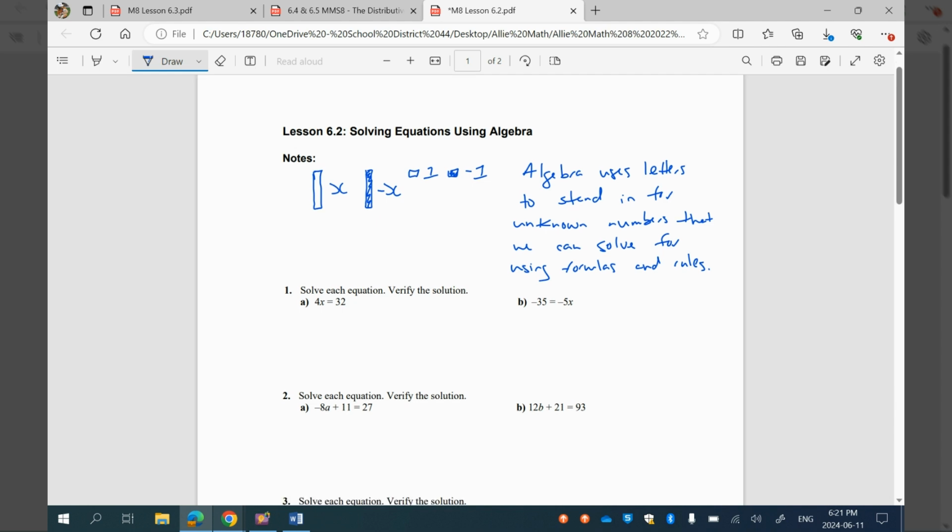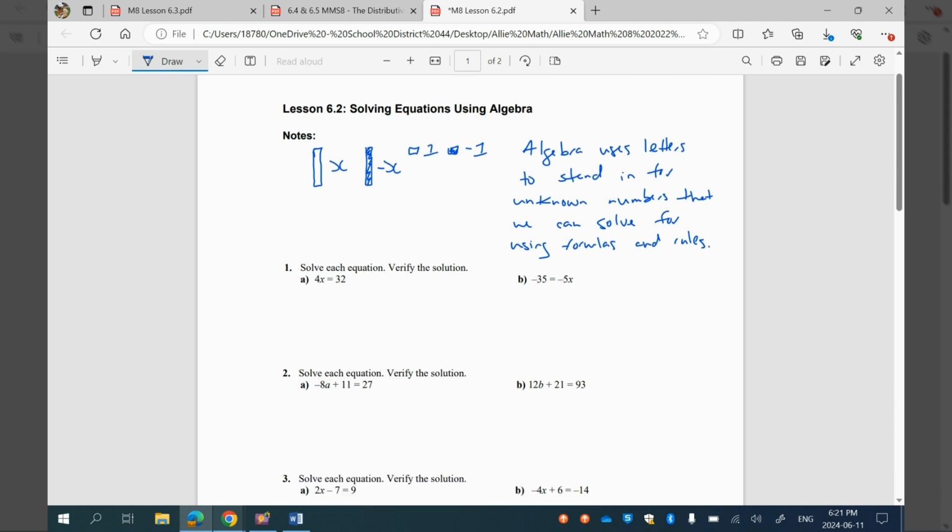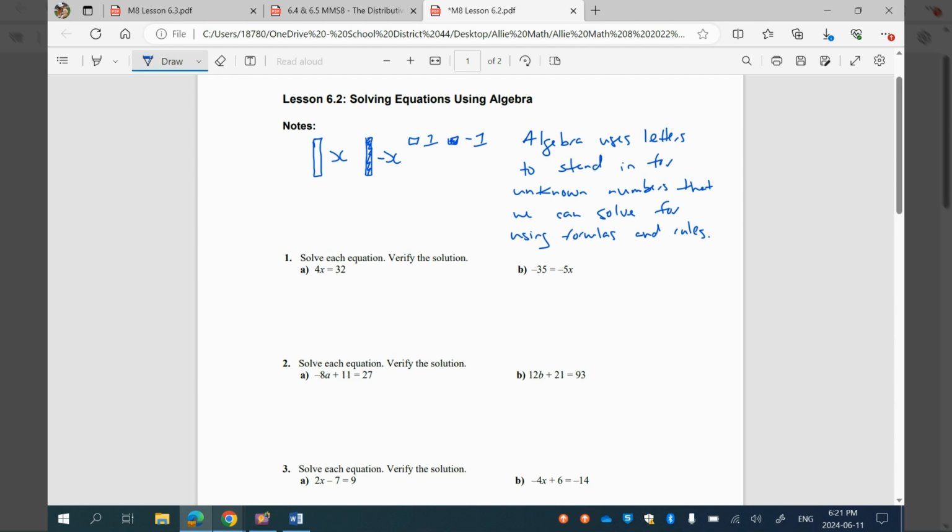And one of the main things that I want us to think about is we're pretty used to BEDMAS. And often if we're solving things algebraically, we're going to do the reverse of this. So we typically want to start with addition and subtraction and then move to multiplication and division.